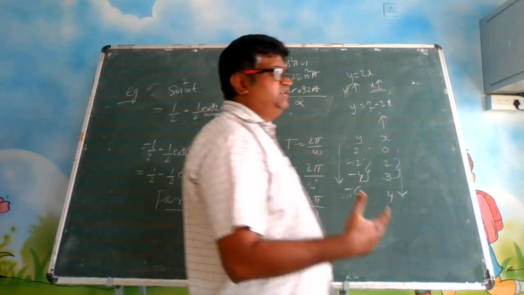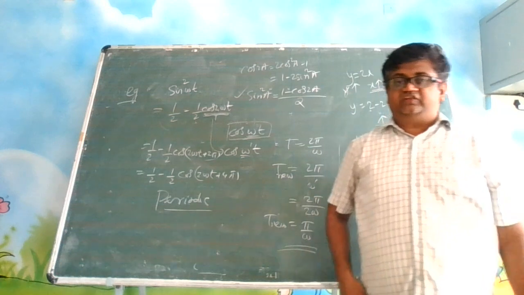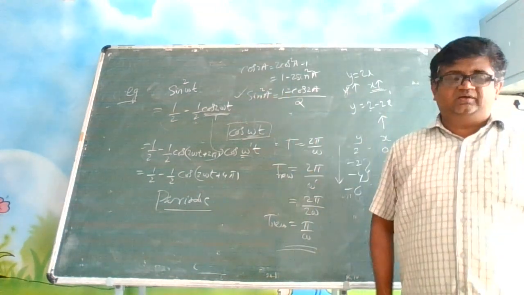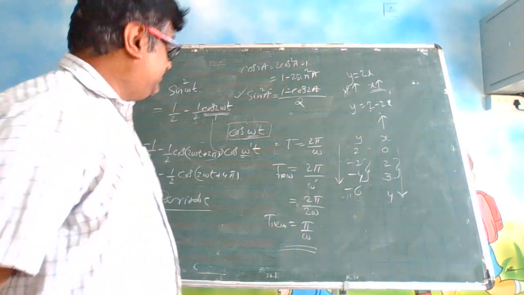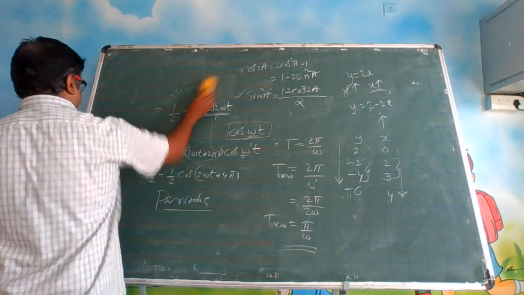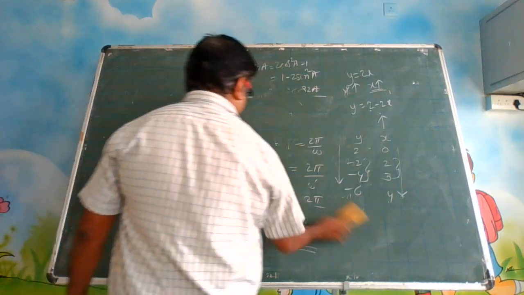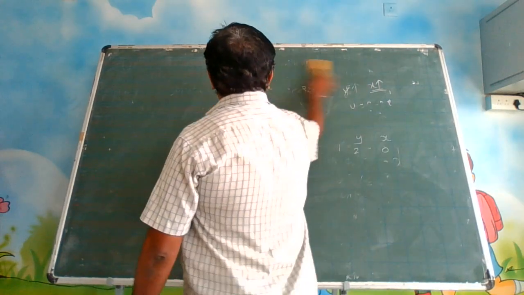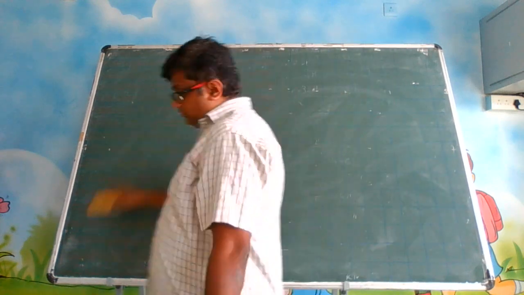If you can reduce that function into a single cosine function or a single sine function, you can say that they are simple harmonic motion. Okay, let us see two more. Let us see the next one.